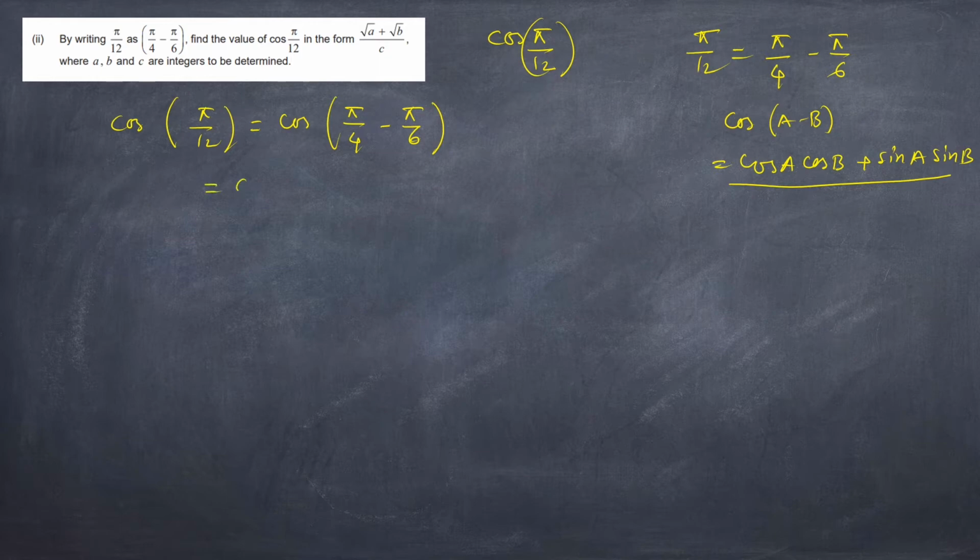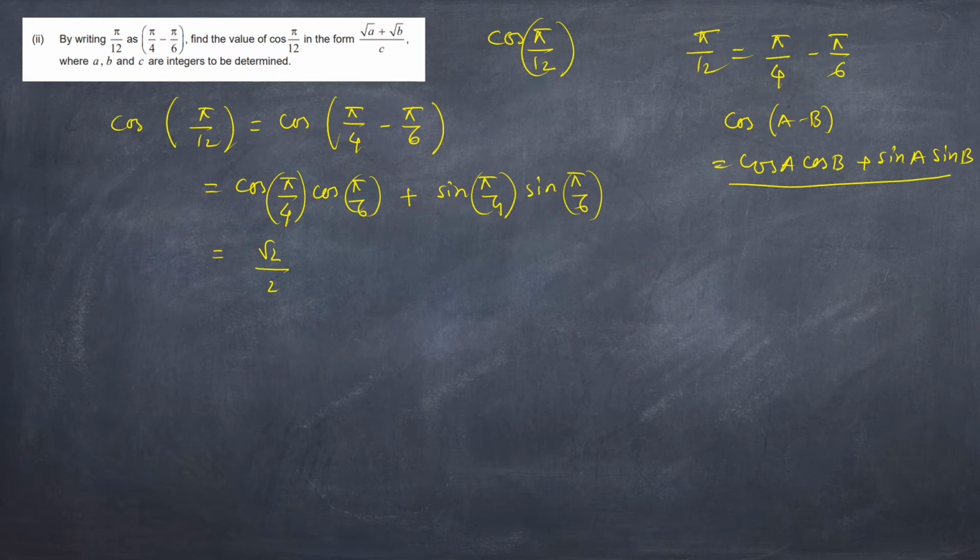So from here we can write cos pi by 4 cos pi by 6 plus sin pi by 4 into sin pi by 6. The value of this will be root 2 by 2. We are just taking it in this format, it is basically 1 by root 2, so that it will be the same: root 2 by root 2 into root 2, so we are getting root 2 by 2.